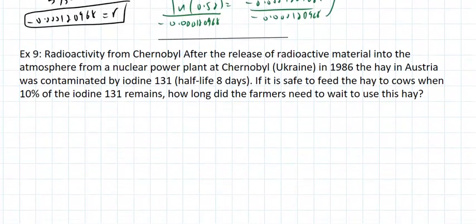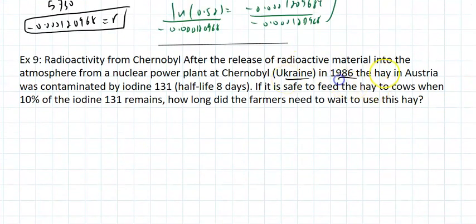The explosion, Ukraine. In 1986, they had a nuclear explosion. The radioactive material in the atmosphere from the nuclear plant at Chernobyl in 1986 really contaminated the hay in Austria with iodine-131.